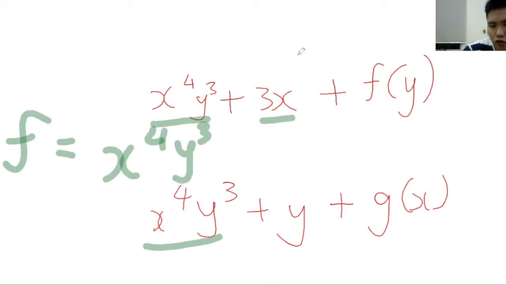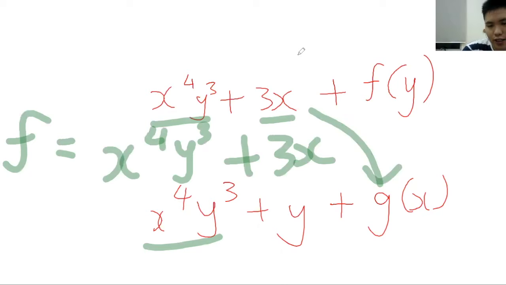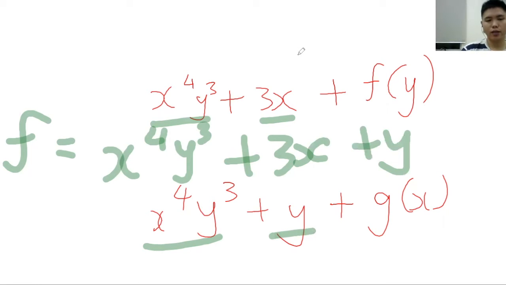We have 1 3x, so I write it down. Actually, this 3x is the dx of this one. And then we have 1 y, we copy down. And this y actually is this fy. So we copy down the terms that are different.